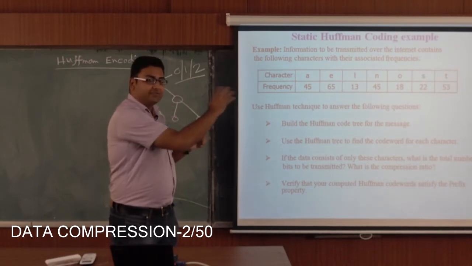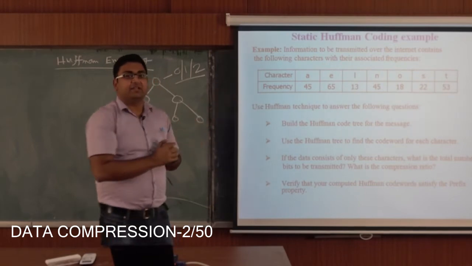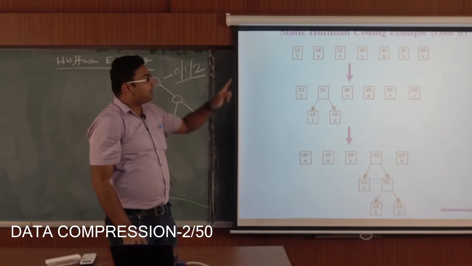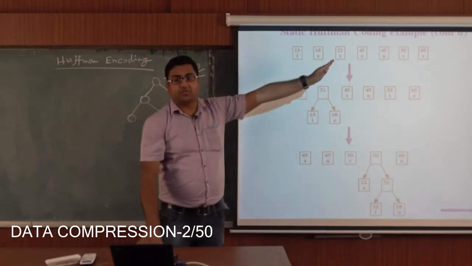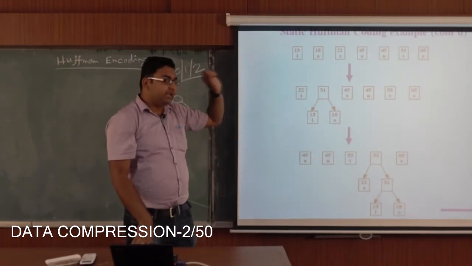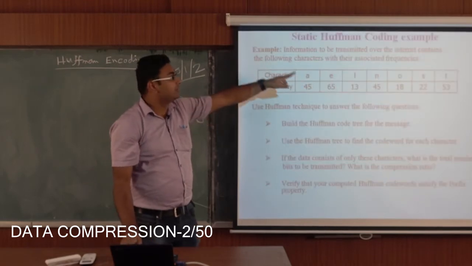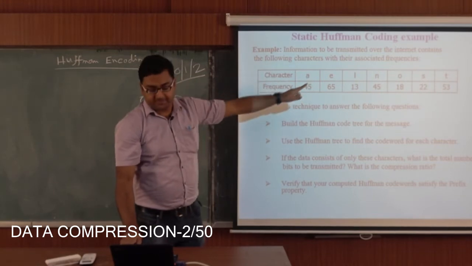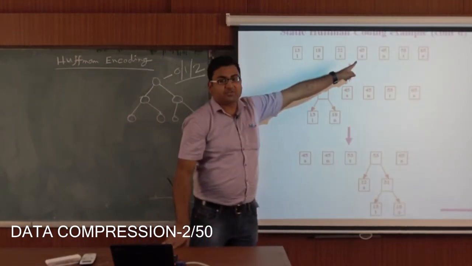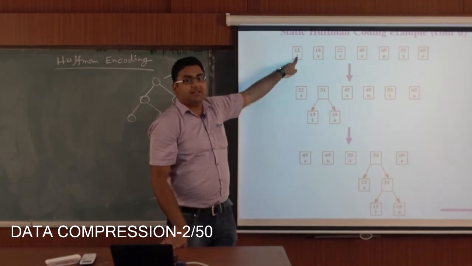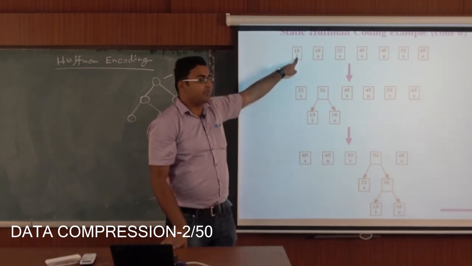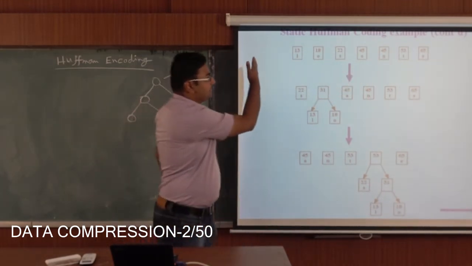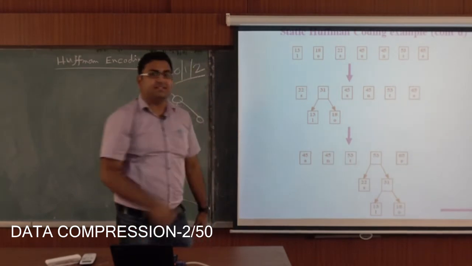That means we have to shuffle this data and rearrange it in ascending order, from small to large in terms of frequency. The letter with the lowest frequency will be first, and the letter with the highest frequency will be last. If we rearrange this, L has the lowest frequency, E has the highest frequency, and in the same way the others in the middle will be rearranged.